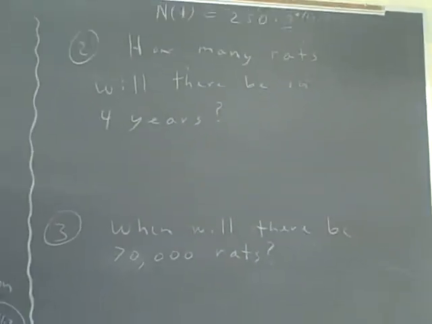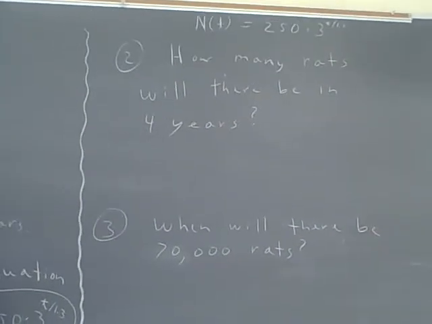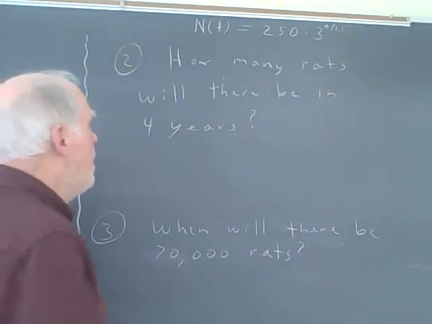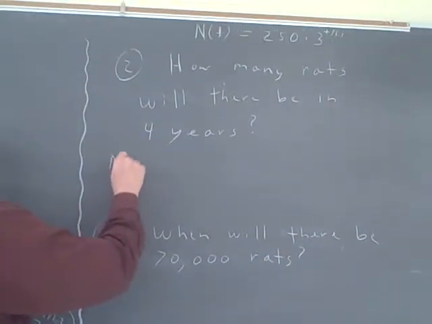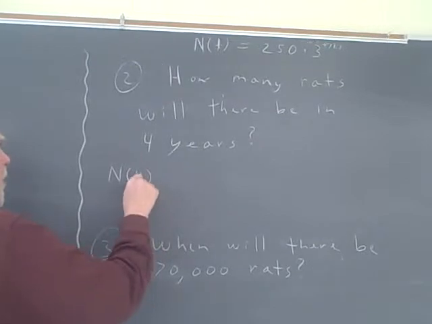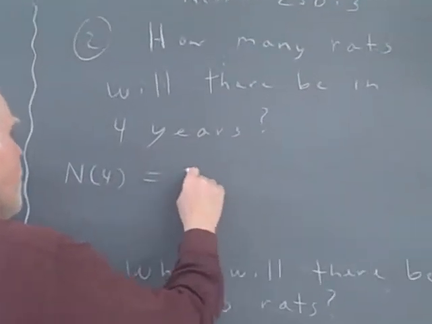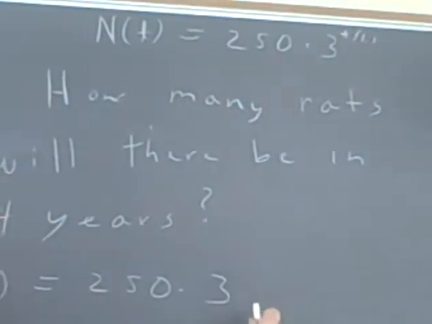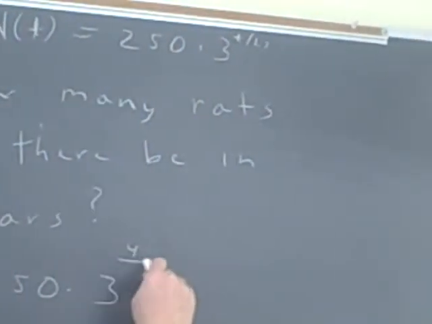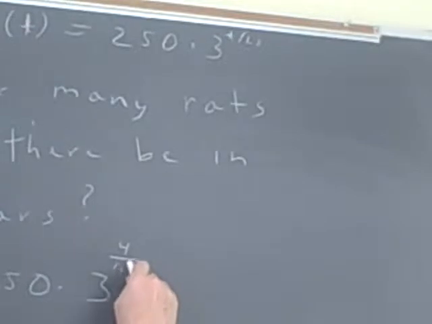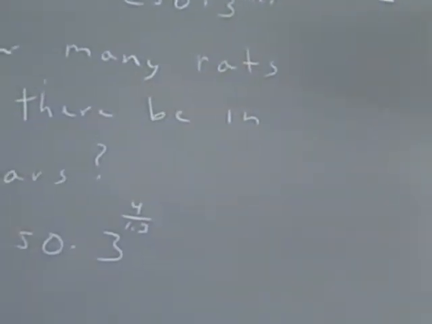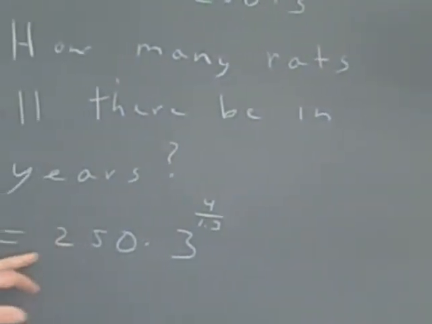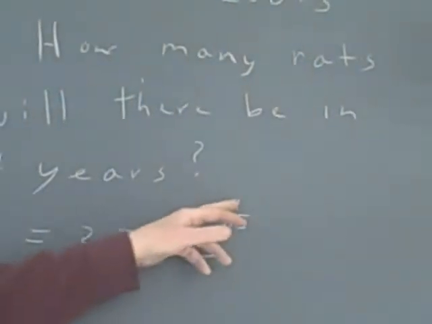One of the questions is, how many rats will there be in 4 years? And here's our equation. So we're really thinking of n at time 4. This equals 250 times 3 to the 4 over 1.3. And that will give us the number of rats in 4 years, just by putting in 4 for time.